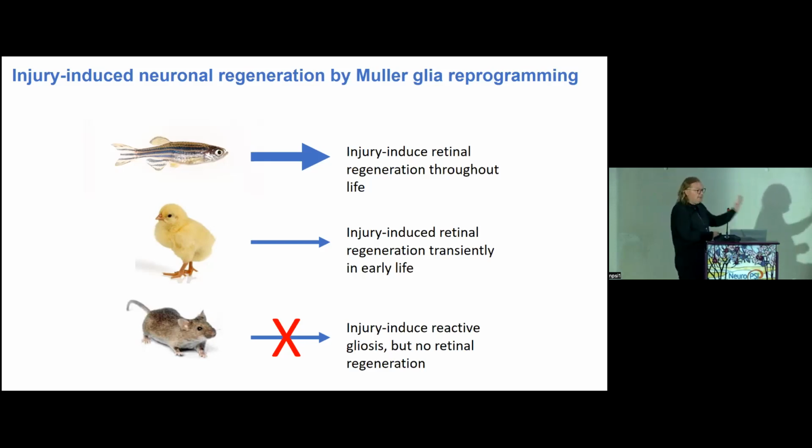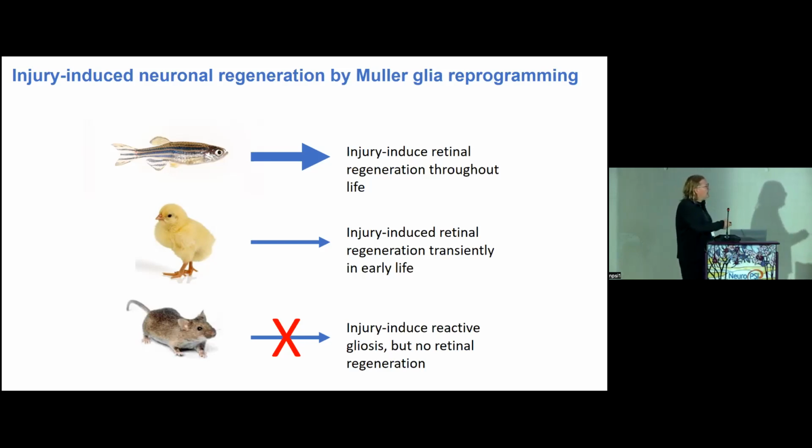Now, this is a real superpower, but it has been lost multiple times over the course of evolution. It's been lost entirely in adult warm-blooded species, birds and mammals, although some species, such as the post-hatch chick, retain a very limited ability to make neurons following injury during the first couple of postnatal weeks.